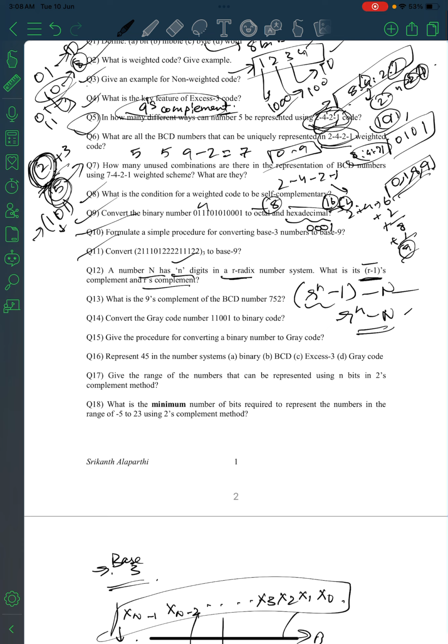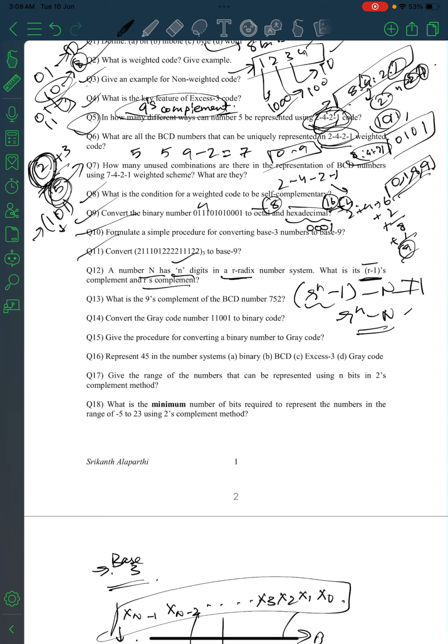And then what is the 2's complement? After doing the 1's complement, we will be adding 1. So this is what we'll be doing for the r's complement.